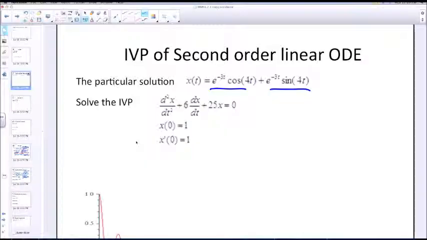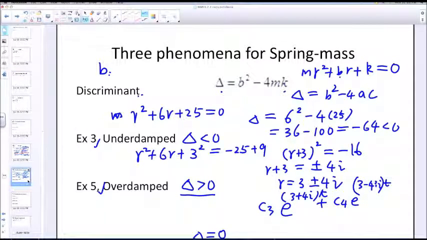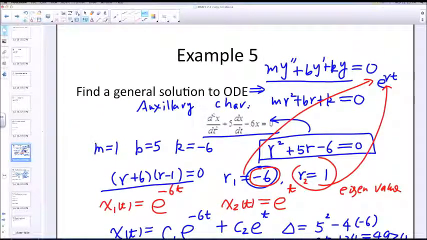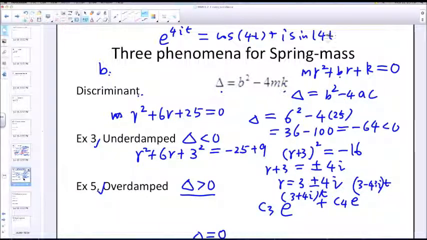So how do you confirm this solution to that imaginary? Well, the answer is here, the Euler formula. All you need to remember is the Euler formula, e to the 4it equals cosine 4t plus i sine 4t. That's where you get the trig function.